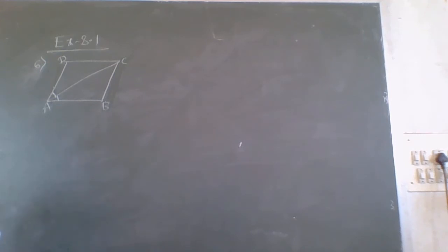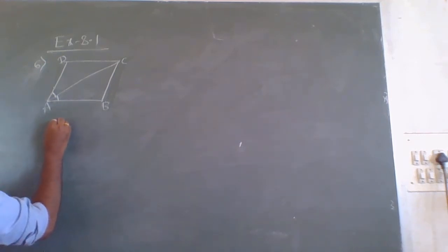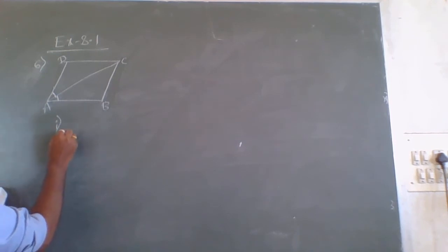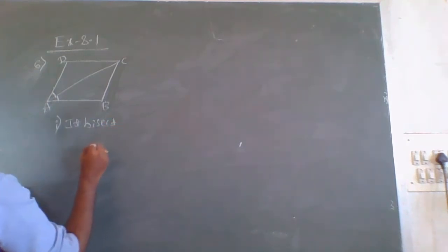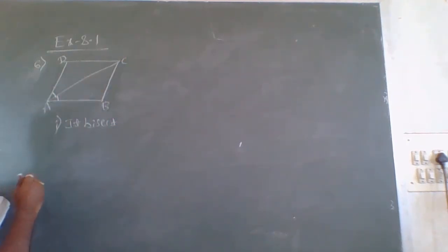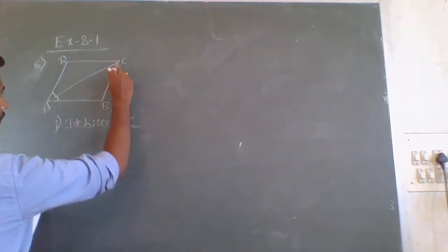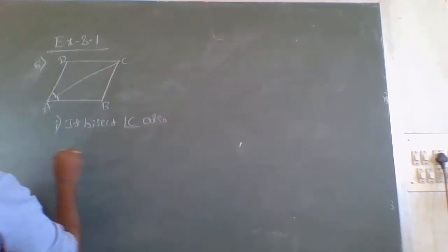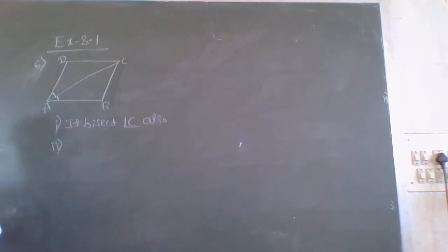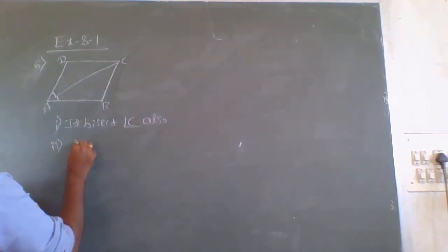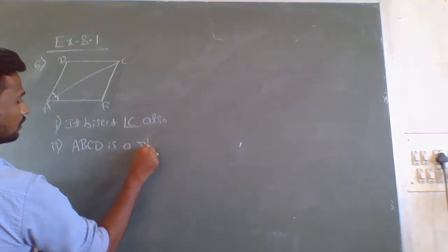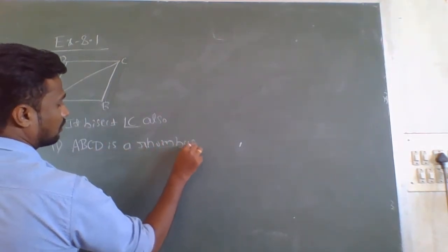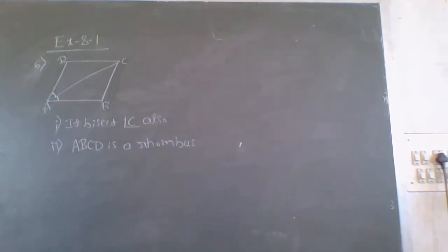Show that, first, AC bisects angle C also. Second, ABCD is a rhombus.